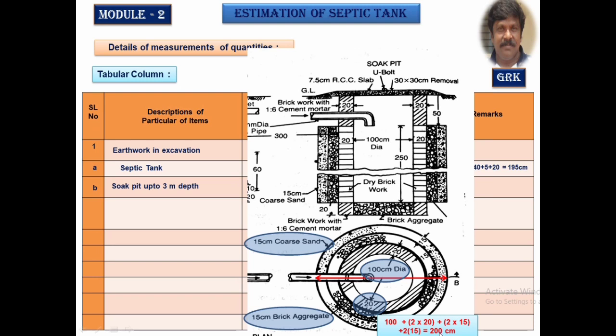Totally it works out to be 200 centimeter, and the depth is measured from here to here, that is 50 plus 250, 300 centimeter, 3 meters. Along with that, we will calculate the outer to outer diameter of the lower portion. It is 100 centimeter plus 40 will get me 140 centimeter. We will find out the area of this, multiplied by the thickness, that is 20 centimeter.